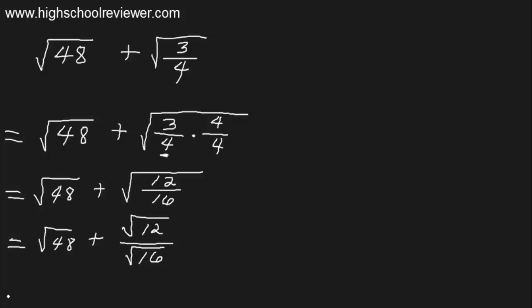So we will now factor out 48, wherein one of the factors is 12. So 48 divided by 12, this will give us positive 4. So this will now be the square root of 4 times 12 plus the square root of 12. We cannot simplify this. All over square root of 16, that is 4.